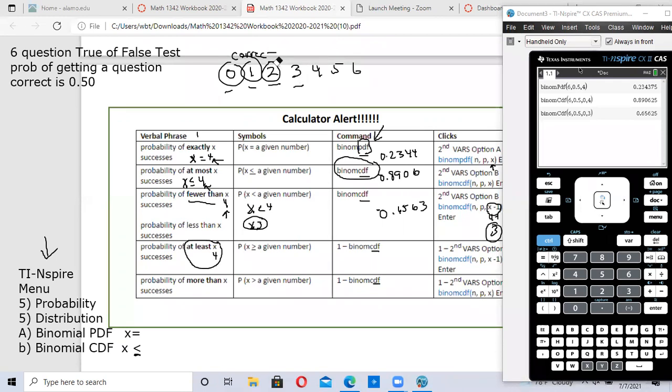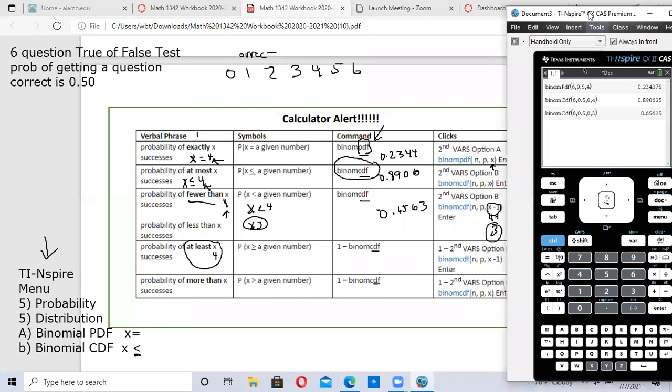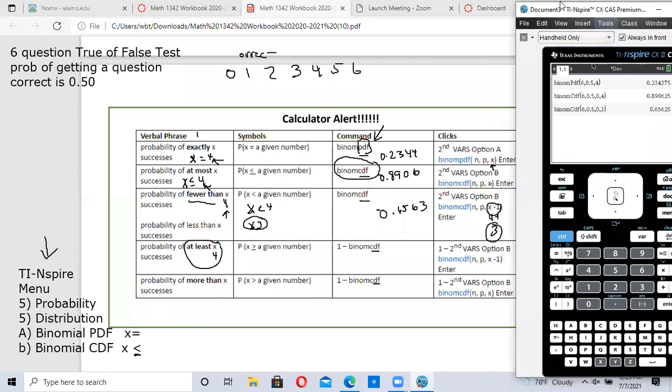Let me erase all these. At least 4, which means 4 is the smallest. It's at least 4.